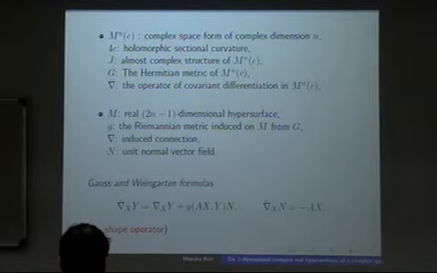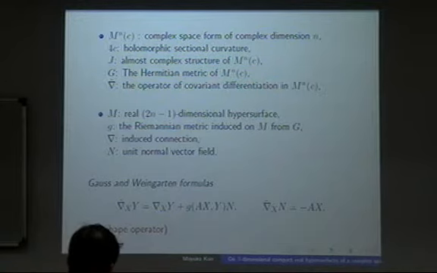We denote the complex space form of complex dimension n and holomorphic sectional curvature 4c by M_n(c), with its complex structure J, the Hermitian Kählerian metric, and the operator of covariant differentiation. This is the ambient manifold in this talk.